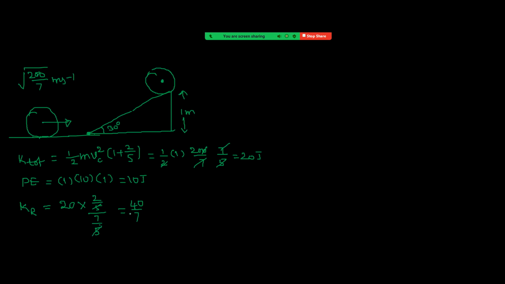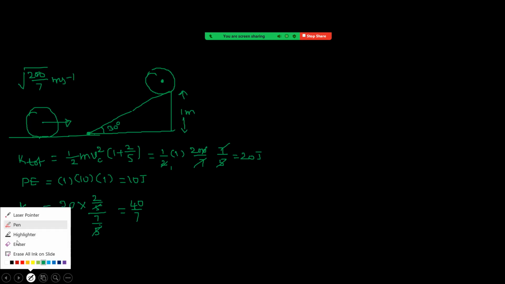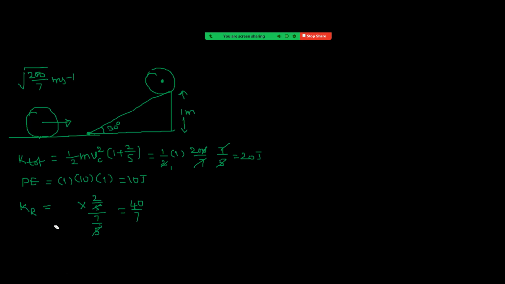Next, coming to the remaining part. See what we get here. Let me cross check once whether what we have done is right or wrong. Total value. Wait. I have taken wrong here. This is not 20. It is only 10, right?